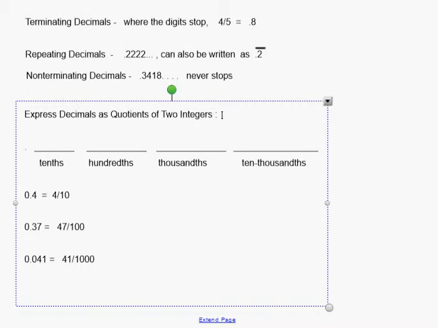Okay, now let's talk about multiplying rational numbers.